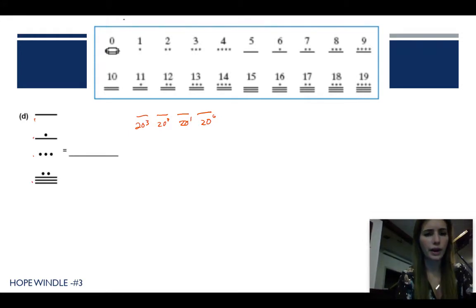So whenever we write this out, what we're going to have to do is take this number here that we see at the top. This number is going to be 5. And we're going to multiply that by 7,200, because that would be 20 to the third power. And then this next number here, we're going to say 6.